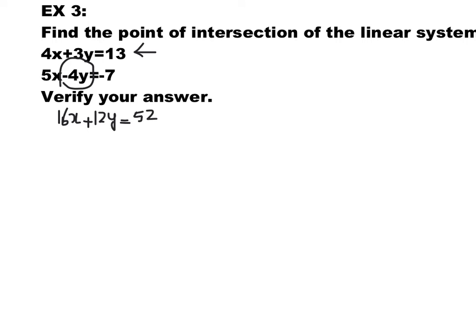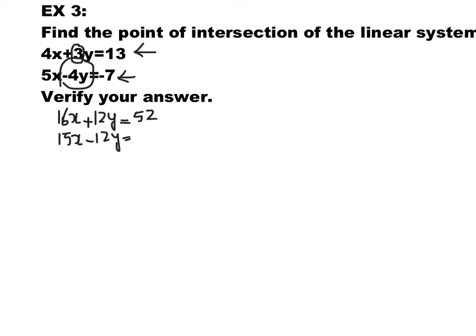Now I multiply every term in the second equation by the coefficient of y, the absolute value of it, of the first equation. The first equation, the coefficient of y is 3, so I multiply the second equation by 3. So I get 5x times 3 is 15x. Negative 4 times 3 is negative 12y.